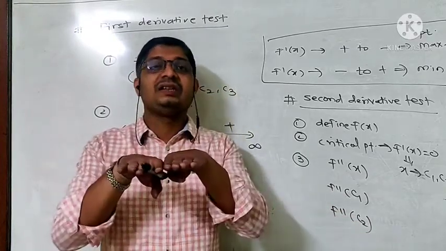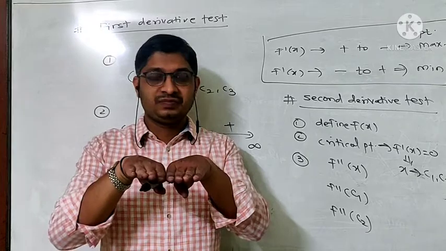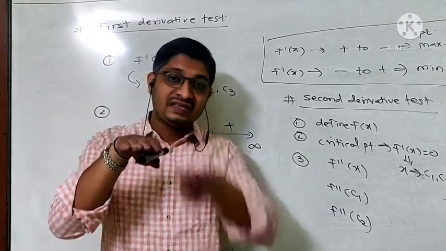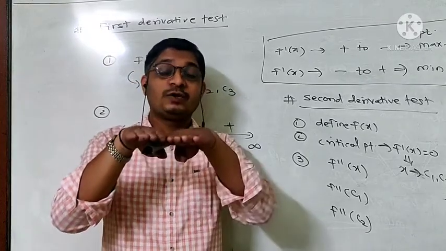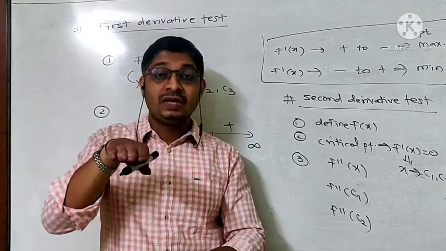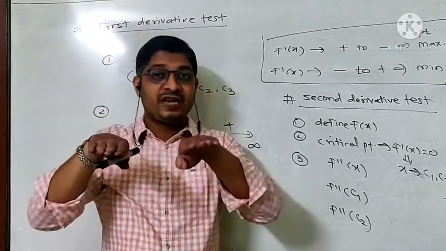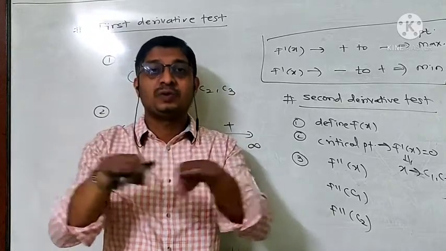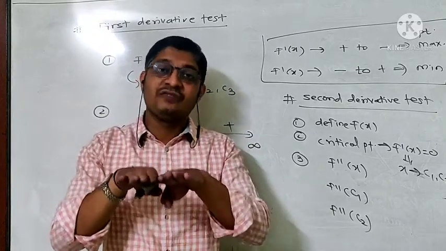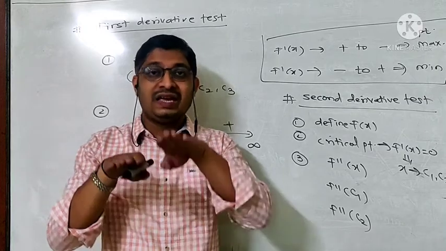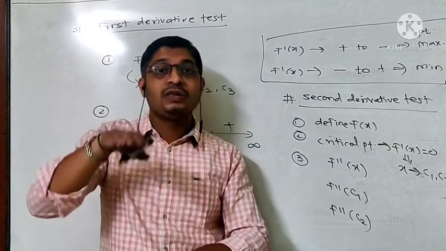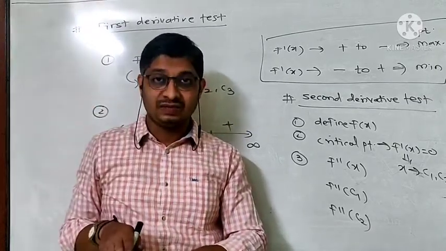Suppose f double dash of x gives me a negative value. That means f of x will give me the maximum value. f double dash of x and f of x are inversely related. So this is a very easy technique to remember. If it is negative, then f of x is a maximum.